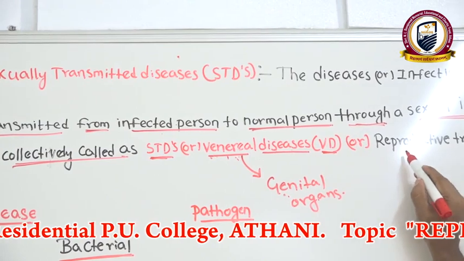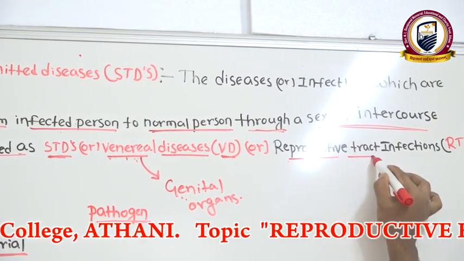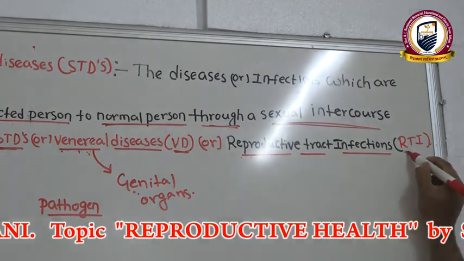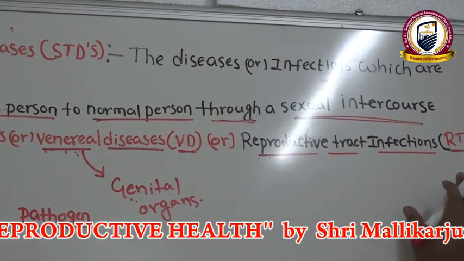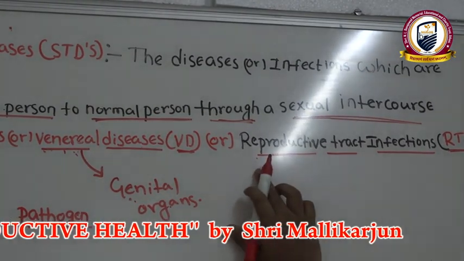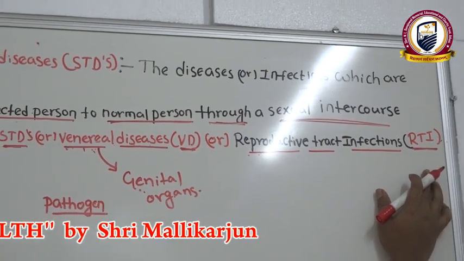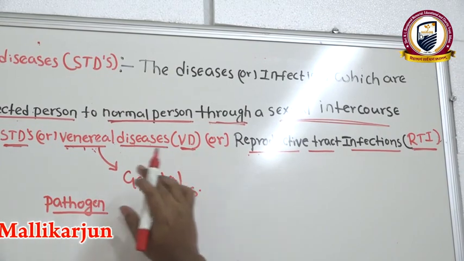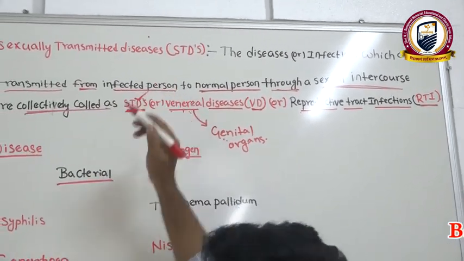Now, these diseases are also called reproductive tract infections, that is, RTI. Sometimes they may ask the definition or the question using RTI, or using VD, or similarly in the name of STDs.